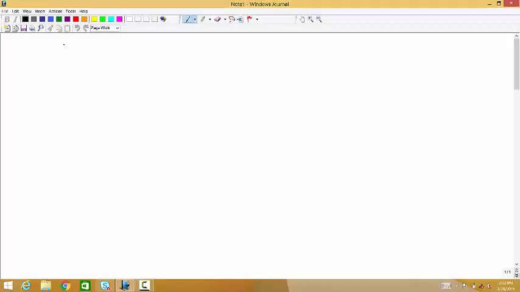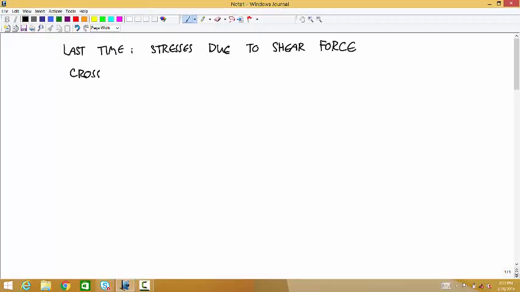So last time we started talking about the stresses due to shear force. And we can do it for two cross-sectional shapes. The first one is rectangular.